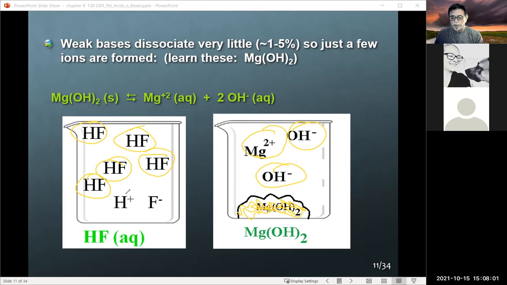Then we show at least one set of ions to show that the majority of this HF, hydrofluoric acid, is still intact. So there are fewer ions and fewer protons in solution, and therefore it is weak.